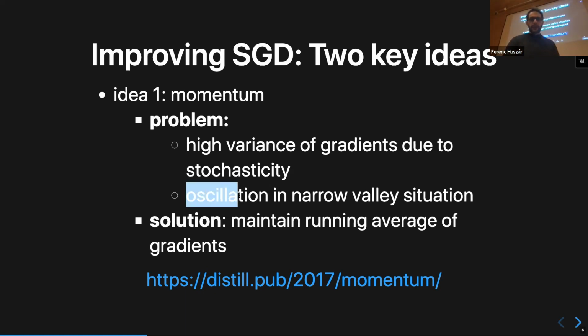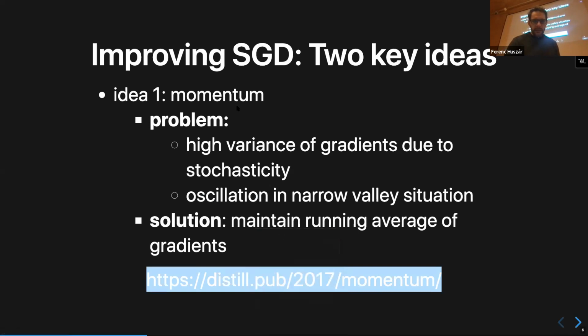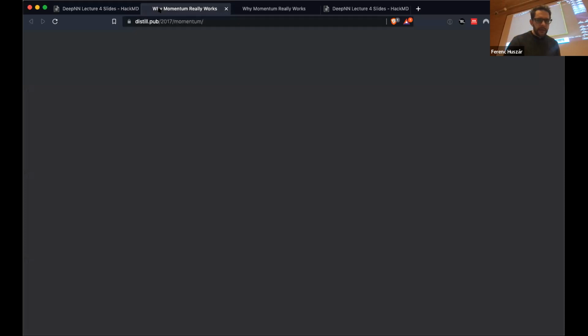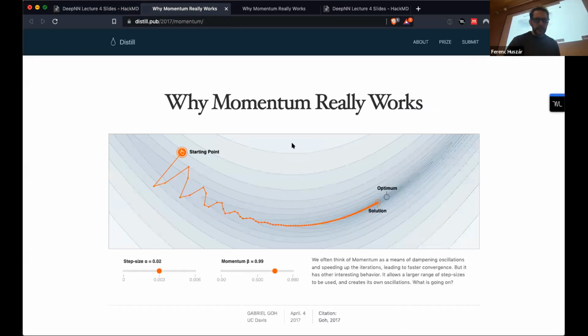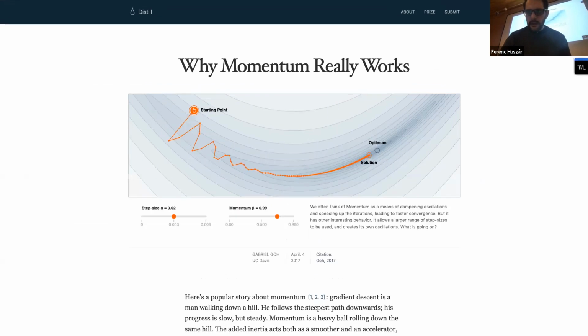And then the second situation is this oscillation in a narrow valley, which thankfully there is a very nice article about. Okay, how do I find this? Hopefully this is still shared. Let me make it bigger.